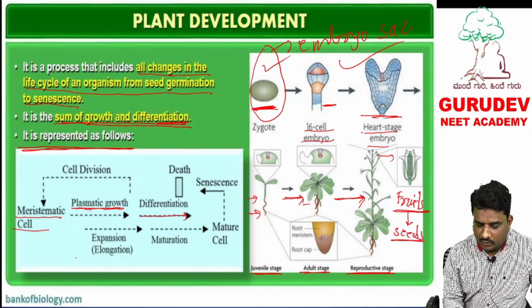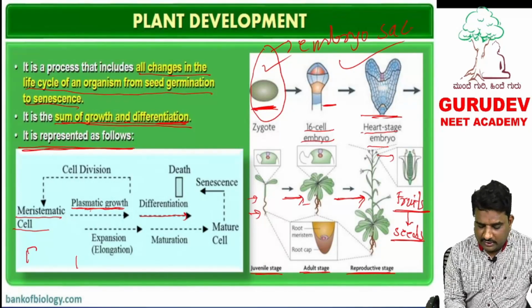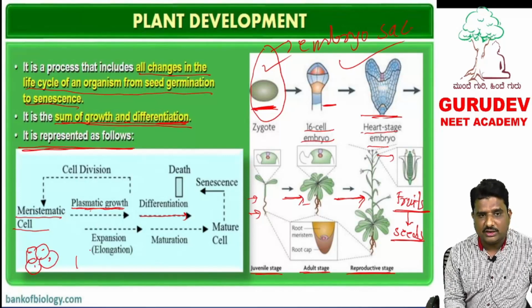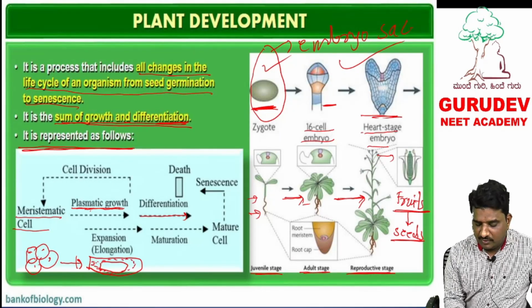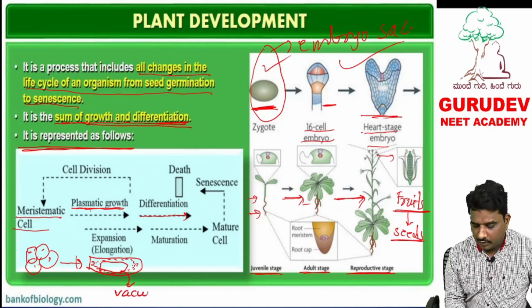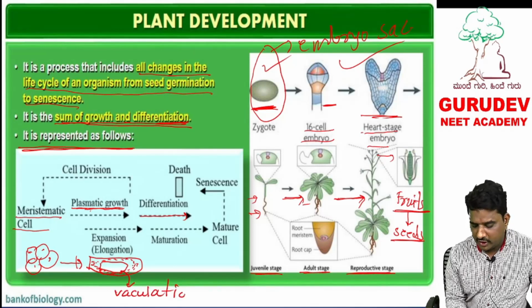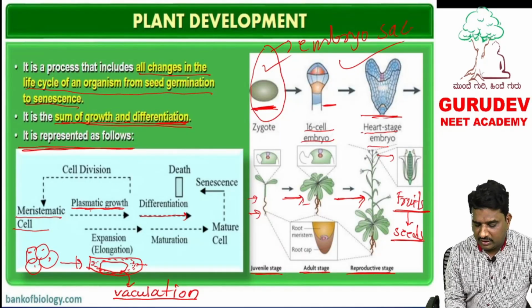During plasmatic growth, what happens? These are the meristematic cells. These meristematic cells will undergo elongation, that means vacuolization and protoplasmic division. The content of protoplasm will increase. Vacuolation and the content of protoplasm increase; that is plasmatic growth.